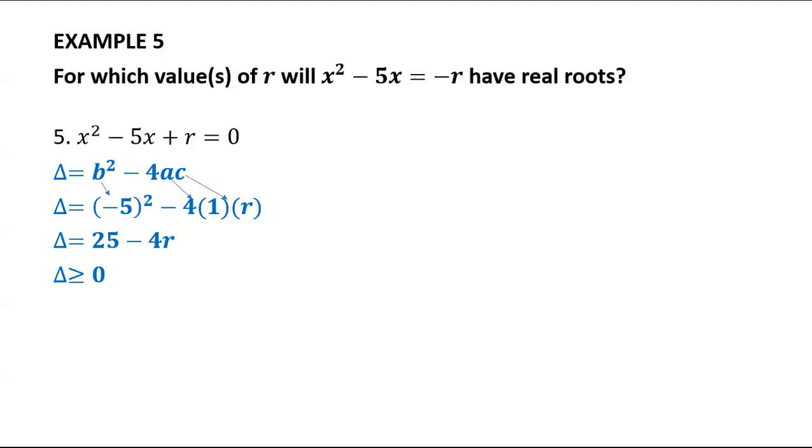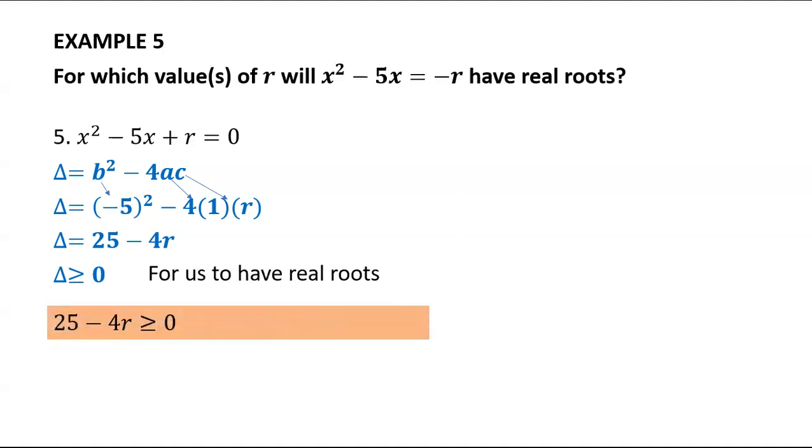I'll do a lot of questions that take into account rational and irrational as well. So we know that for us to have real solutions, our discriminant must be greater than 0 or equal to 0. So we're going to take that discriminant and make it into an inequality.